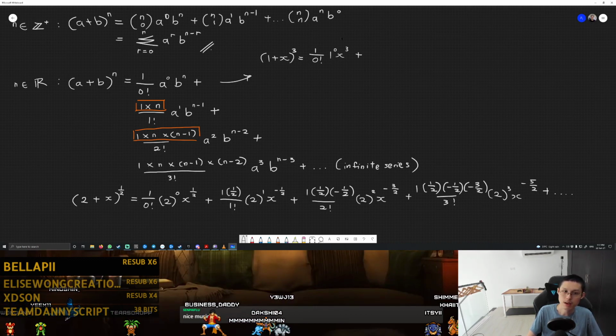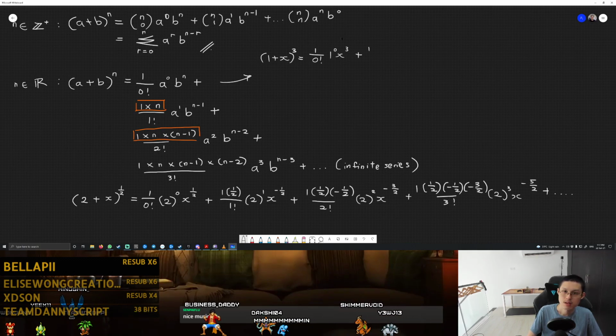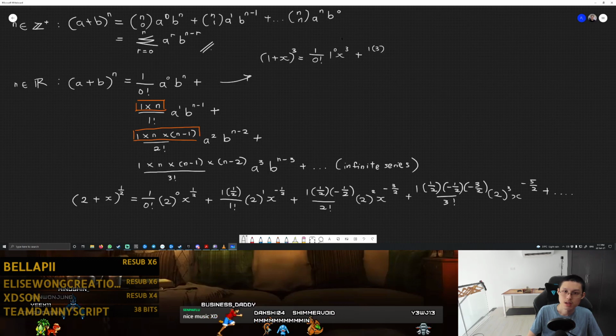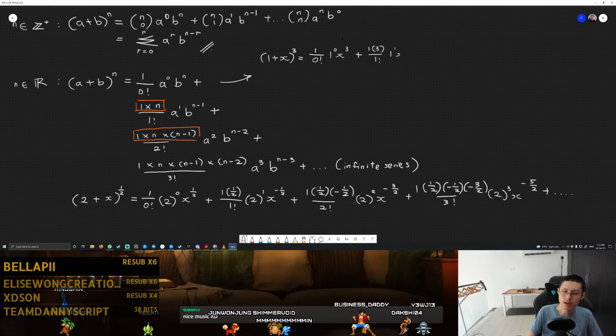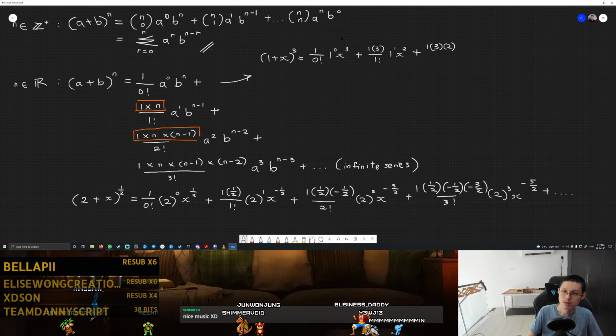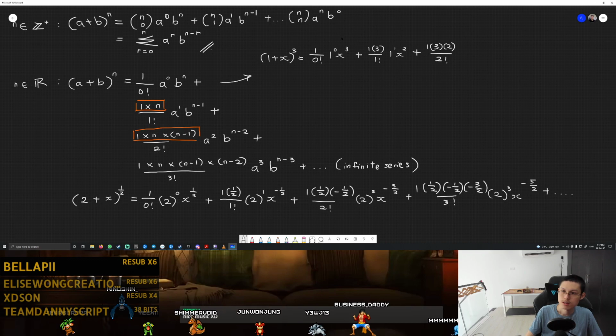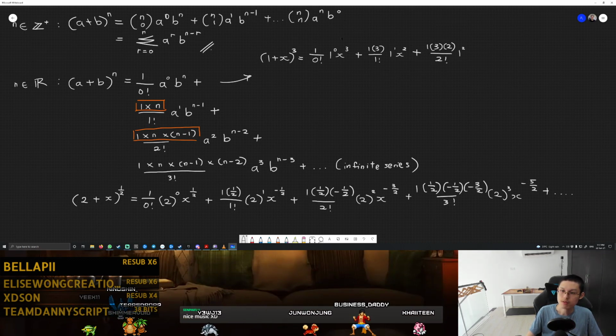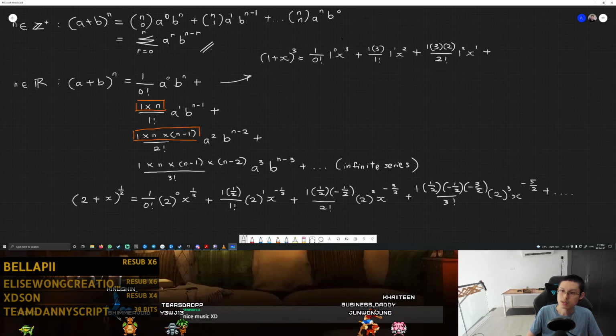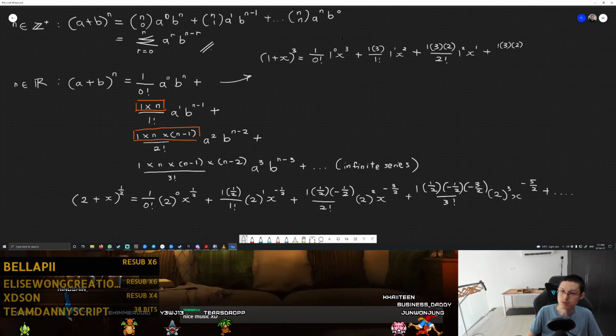Cool. Next one we have 1 times 3 over 1 factorial times 1 to the power of 1, x squared, plus 1 times 3 times 2 over 2 factorial, and then this one would be 1 to the power of 2, x to the power of 1, plus 1 times 3 times 2 times 1 over 3 factorial.